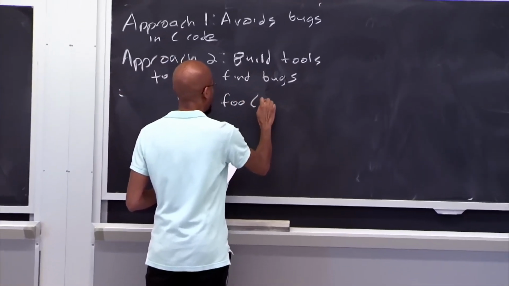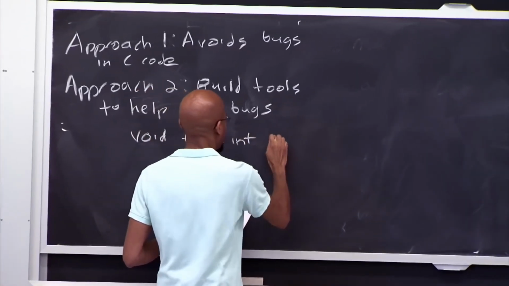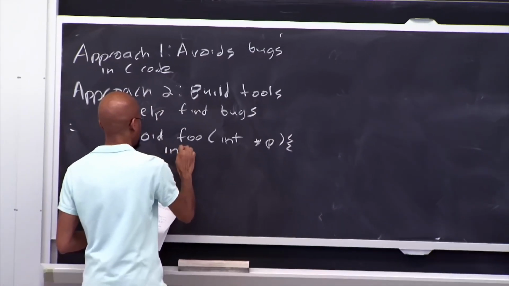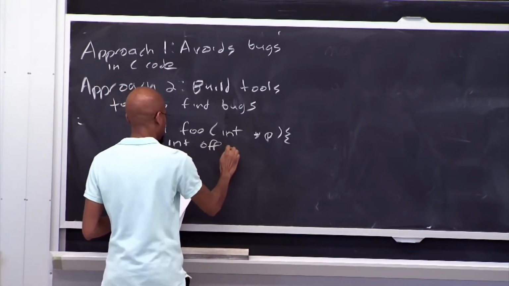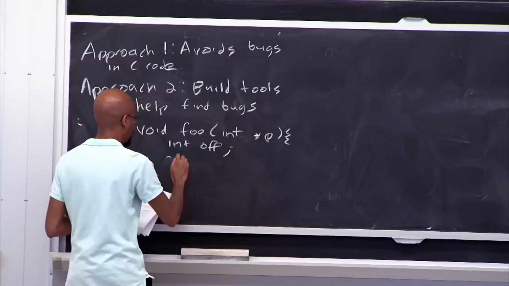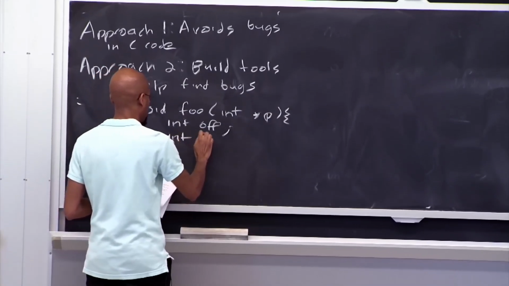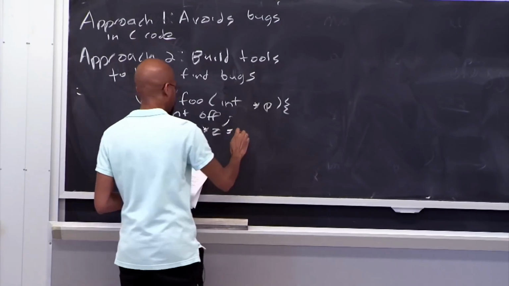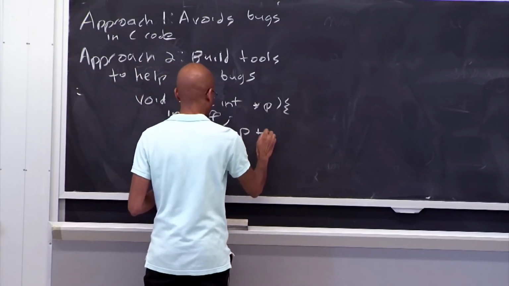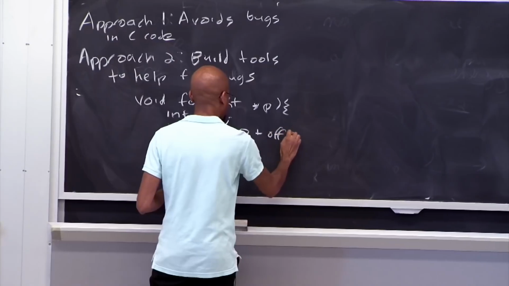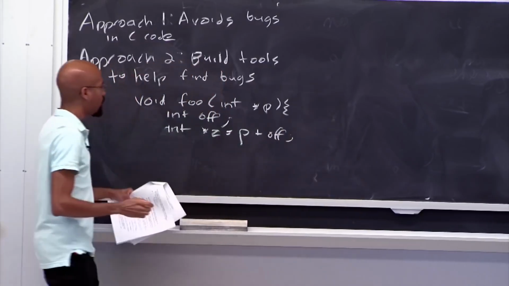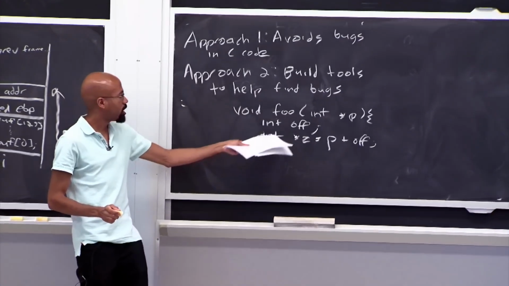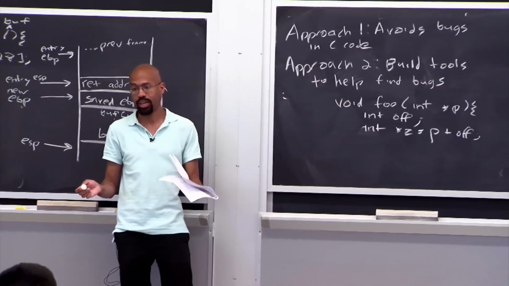So imagine that you have a function like this. The popularly named foo function takes in a pointer. Let's say it declares some integer offset value. It declares another pointer and adds the offset to that pointer. Now, even just at this moment in the code, static analysis can tell you that this offset variable is uninitialized, right?